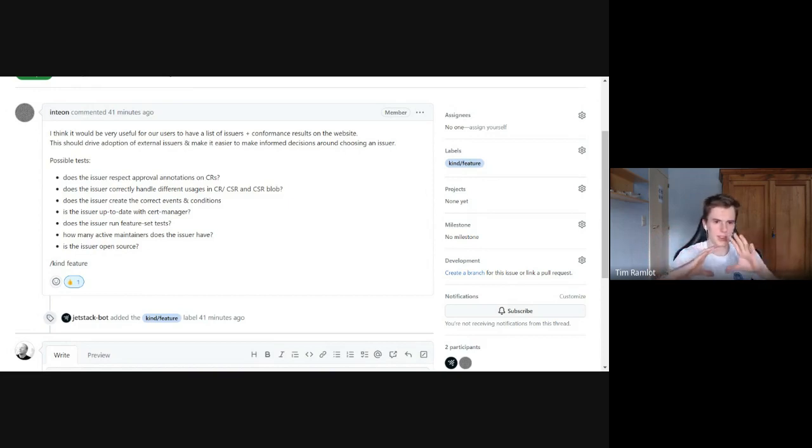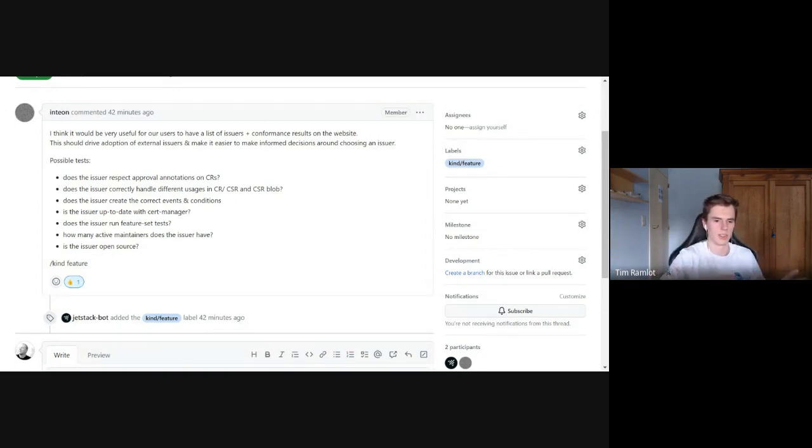If we can create a set of tests, a set of rules, basically, for all issuers, then we can also use these rules to rank our issuers on our website and make sure that when people use cert-manager, they use quality issuers, and they are more inclined to use external issuers.